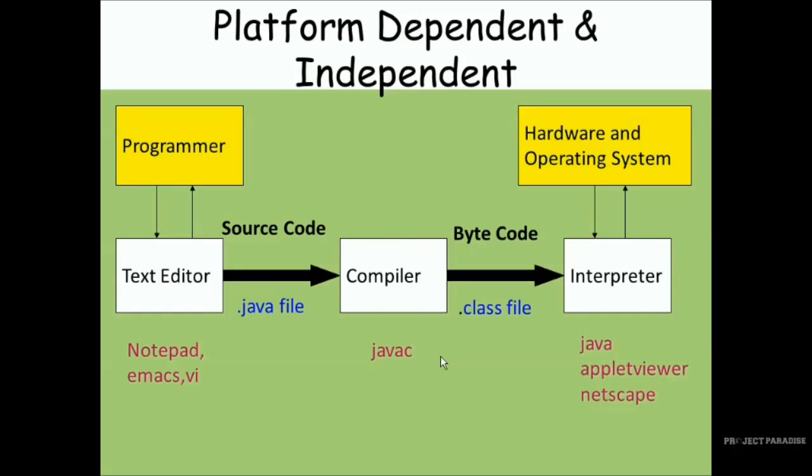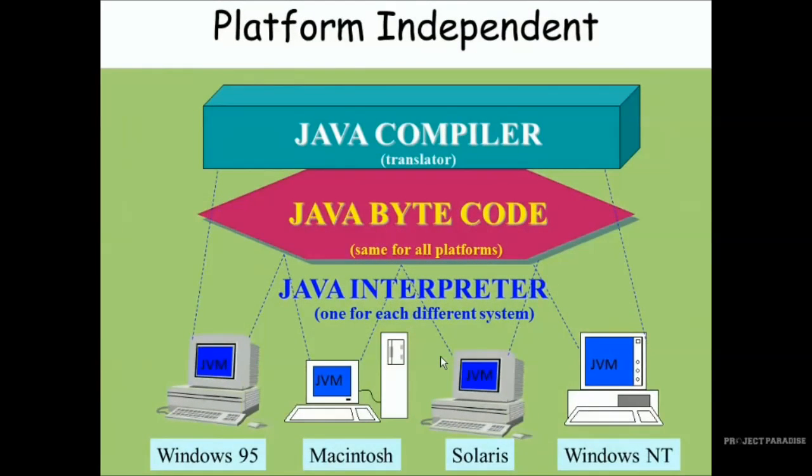let us write a Java program, .java, and compile it. When we compile, we get the extension .class that contains the bytecode. This bytecode is the intermediate code, which is neither a machine code nor a source code.